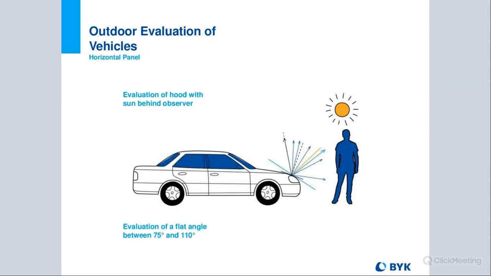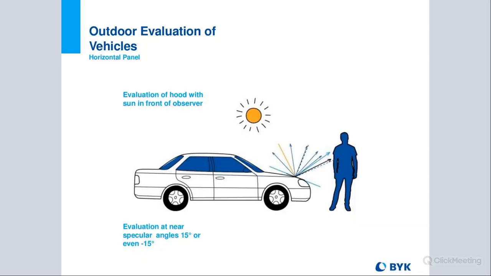If I'm looking at the evaluation of a flat angle on the hood of a vehicle and the sun's behind me, I'm looking at the 75 or the 110. And if I'm looking at that same horizontal panel and the sun's in front of me, I'm looking at the 15 or even the minus 15 angle.